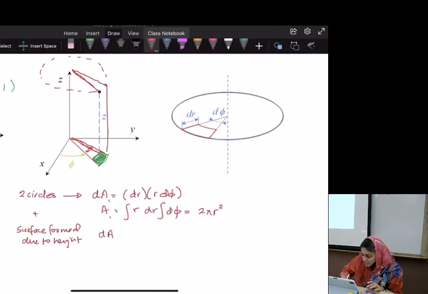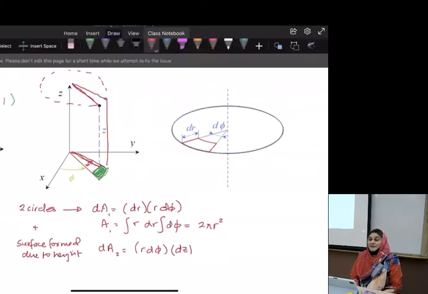Now what about the surface that was formed due to height? I'll call this 1 and I'll call this 2. What will that be? Well, it still has the sweep, but instead of having the dr, what does it have? I'm confused. Last time we did R dr times the integral of d phi, and we canceled out the 2's. That is true, because this is now due to two circles.